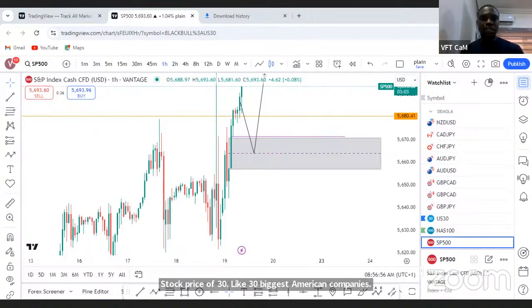S&P 500 tracks 500 large-cap American stocks. Don't know if you get it. Let me know if you got it.